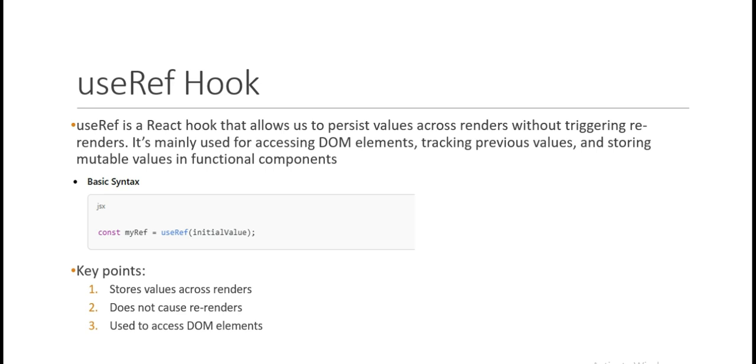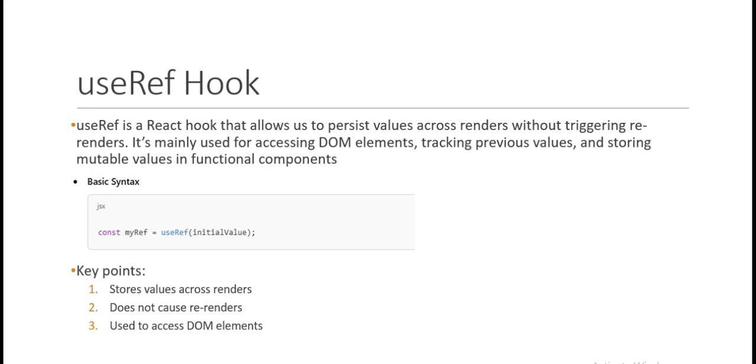In the previous video, we covered useState and useEffect, where we built a counter component to demonstrate state management and lifecycle behaviors in functional components. We saw how useState helps with updating the state and how useEffect manages side effects like mounting and updating.